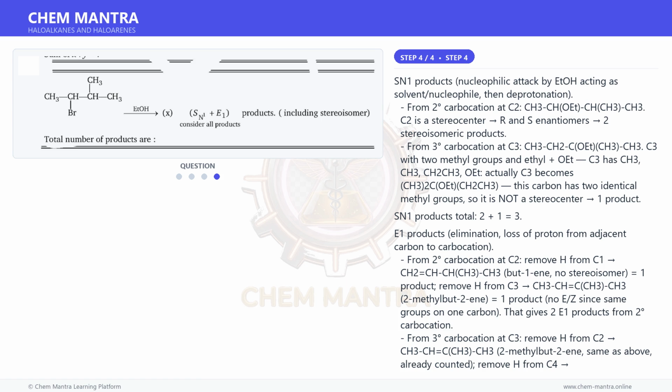E1 products: 3-methylbut-1-ene, 2-methylbut-2-ene, and 2-methylbut-1-ene, equals 3 products. Total products equals SN1 products, 3, plus E1 products, 3, equals 6.